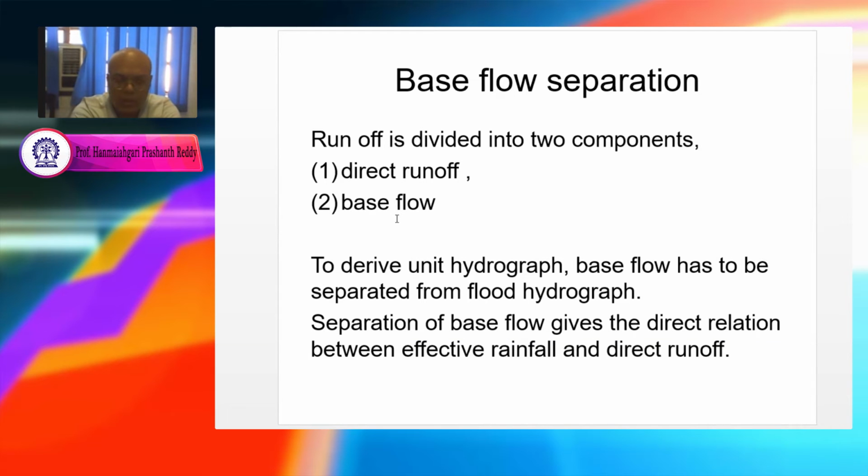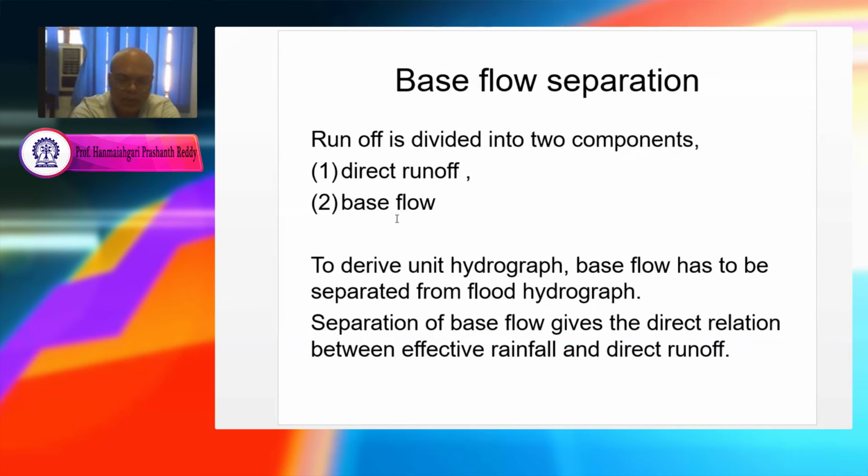So in the base flow case, water has to infiltrate to the deeper depths, reach the water table, and travel along the gradient, then it has to come to the outlet. So in this process, it will take a longer time.